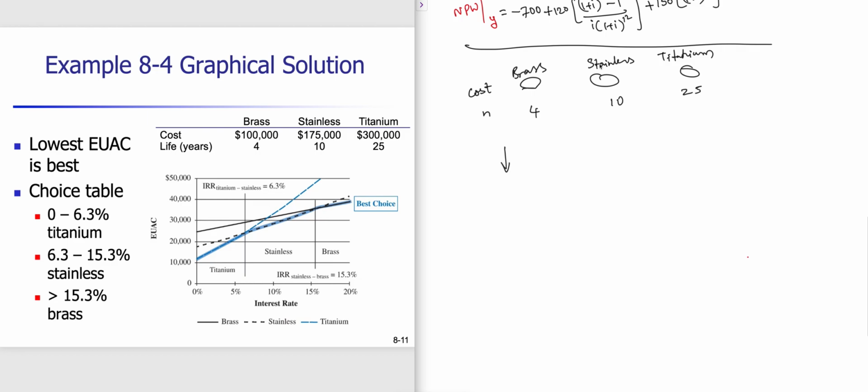For example, if you take brass, it is 100,000. How do you convert this to years 1, 2, 3, 4, if this is 0? Given this, how do we convert left to right? Given P, we need A, and there is a formula for that.